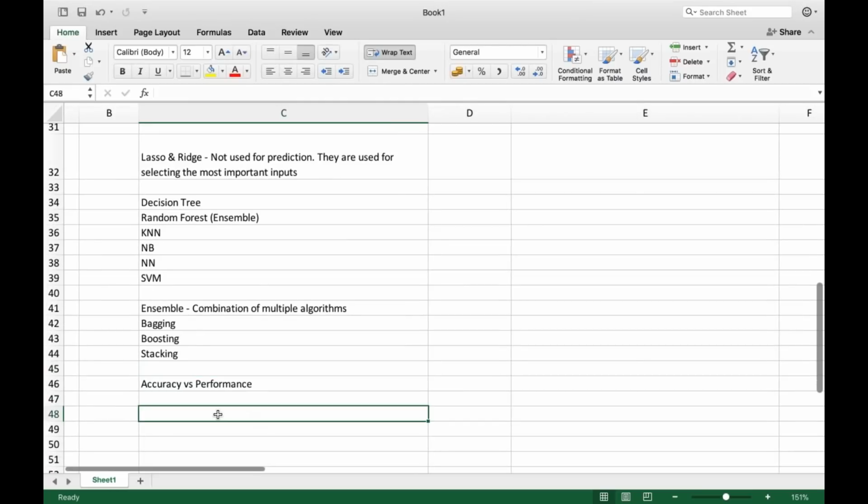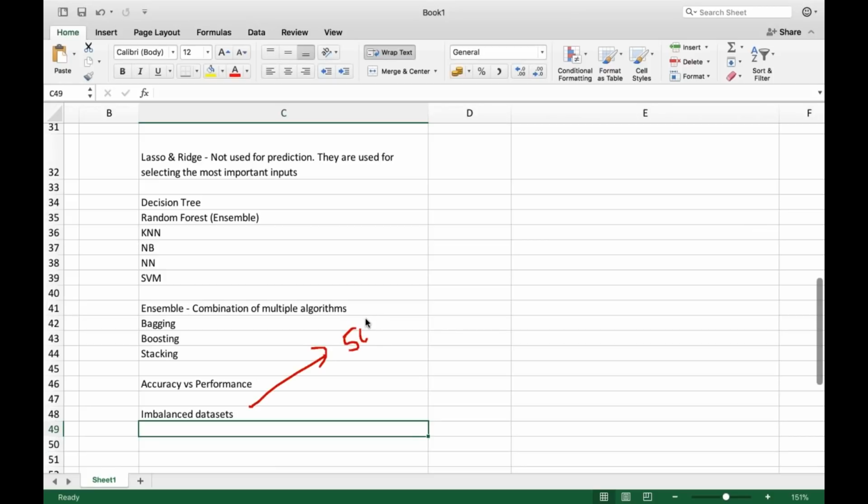And the most important thing, imbalanced data sets. Always you'll not get a very balanced data set wherein 50% of the output variables have category yes, another 50% have category no. Will a person default, yes or no? Okay.